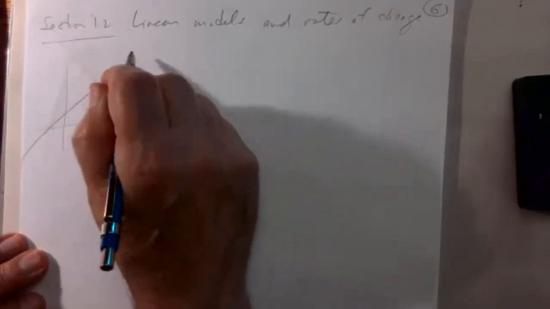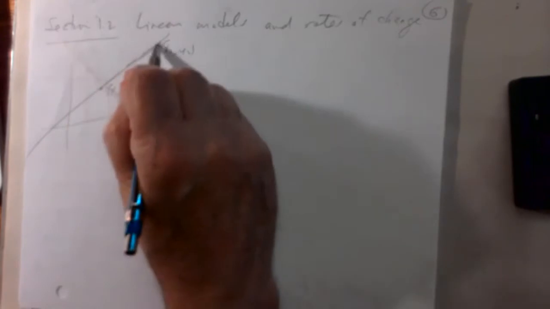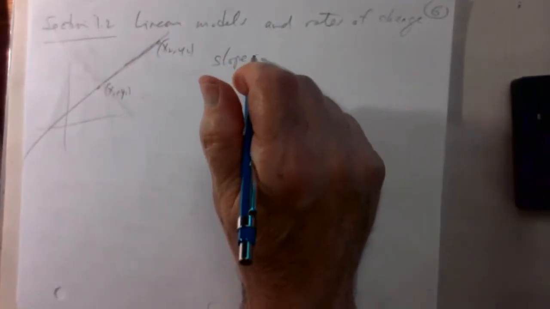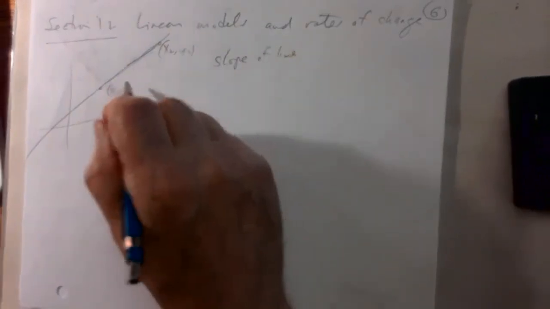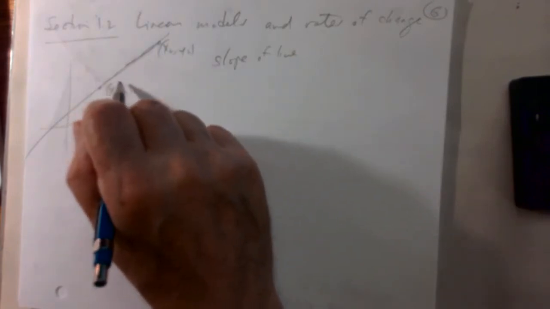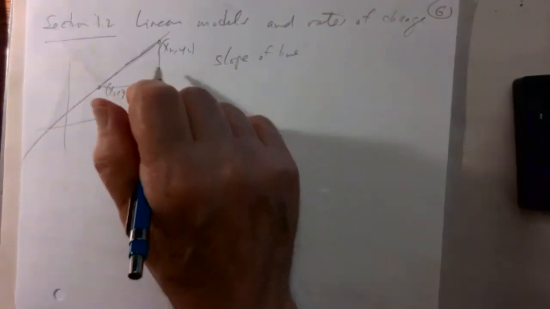So if you have a straight line and you take 2 points on the line, (x1, y1) and (x2, y2), the slope of the line is how far up you move divided by how far you move to the right. It's the change in vertical distance divided by horizontal distance.